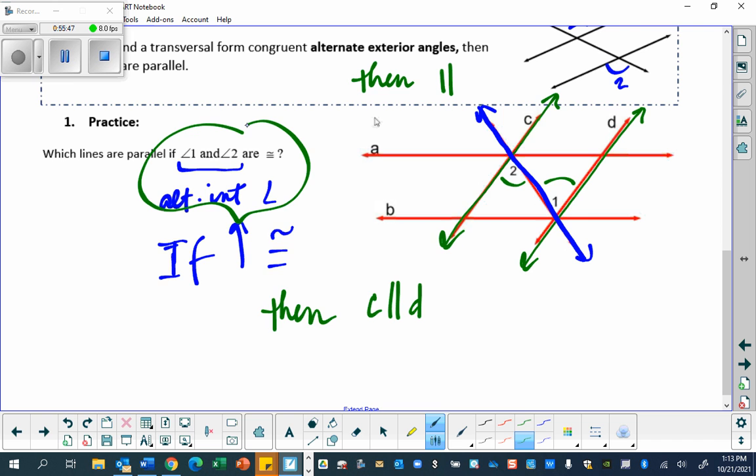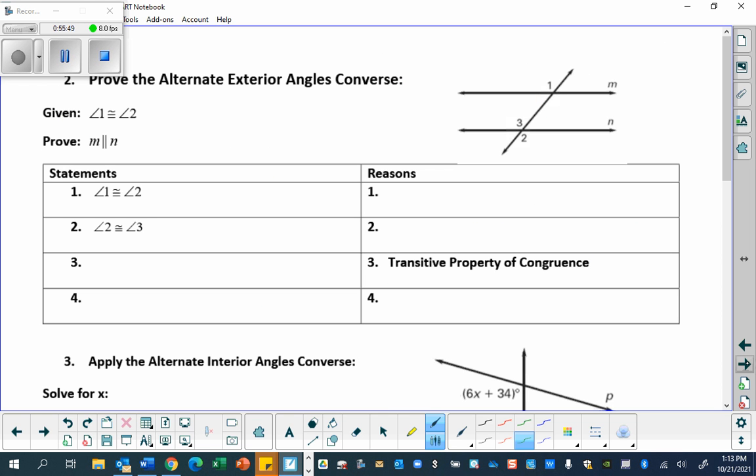Okay, flip it around the back. So here's an interesting part about geometry is we cannot use a theorem until we prove that the theorem is true. So I know there's an alternate exterior angles converse that's written out on the other side of the paper, but we can't use it until we prove it.